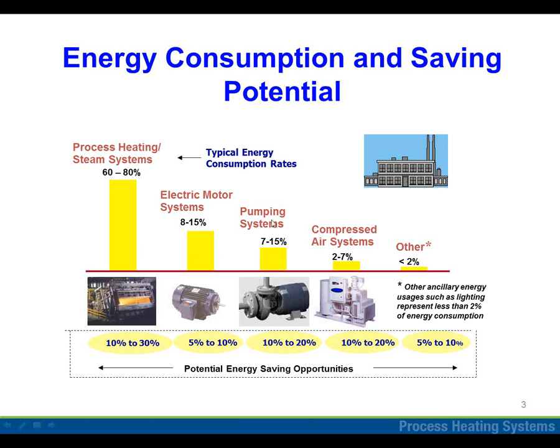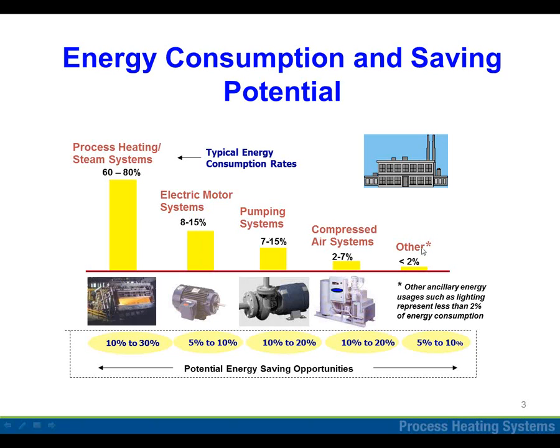One is what's called process heating and steam systems, which includes furnaces, ovens, boilers, so on and so forth. The second one is the electrical motor systems, which is everything that you use with electric motors, with the exception of pumping systems and compressed air systems.